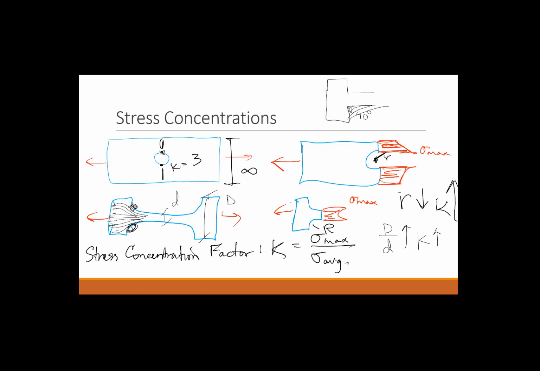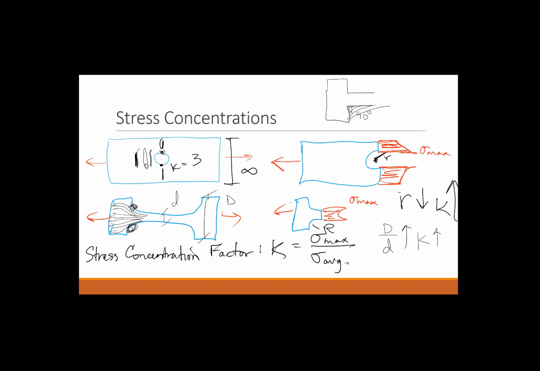It's a little bit harder to conceptualize when you're thinking of a circle. But the idea is that the smaller that radius, the more it's acting like a square corner, or even worse than that, like a crack. So the worst case for this would be if you have just a slit here, where if you zoom in on this, you could have a radius of this corner, and as that radius gets smaller and smaller, it becomes essentially just a sharp crack, and that's the worst case for that type of opening.